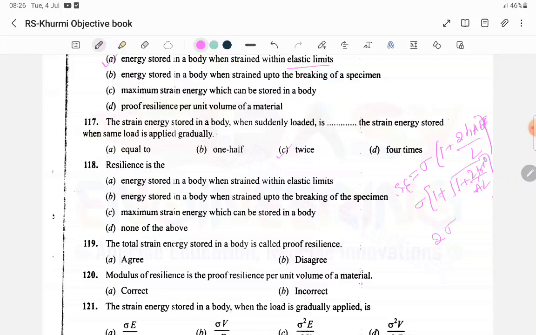But he is asking strain energy, so what will the strain energy be? This is the strain energy, so this doubles again, 4 times it will be there.